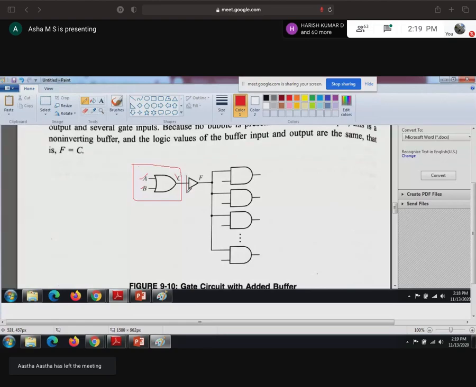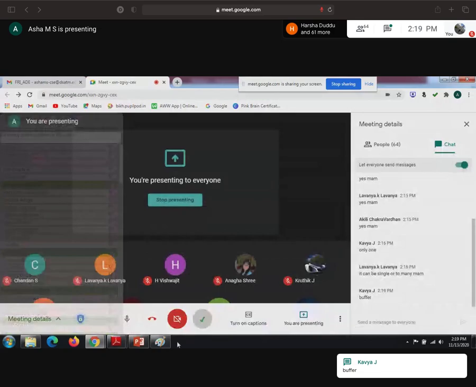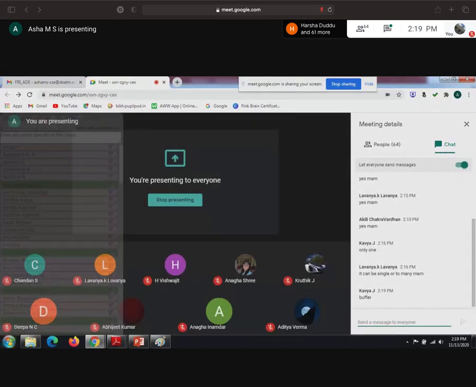So what is this symbol? Have you seen this symbol before? So you know then what is a buffer. It looks like a NOT gate, but the bubble is not there. So the buffer looks similar to your NOT gate, but the bubble is not there.